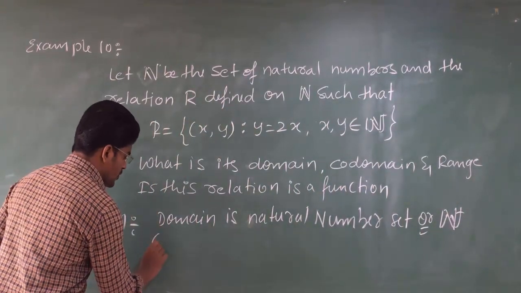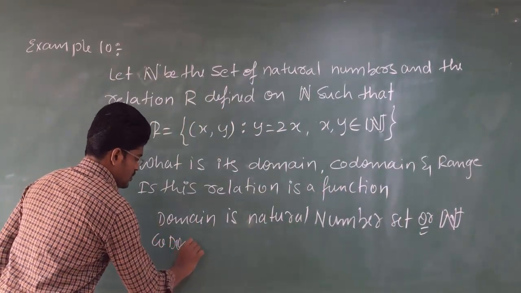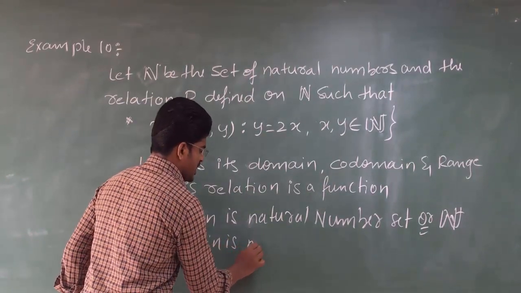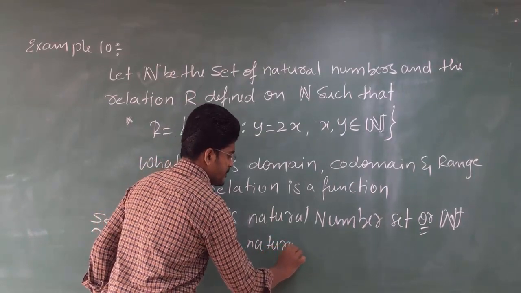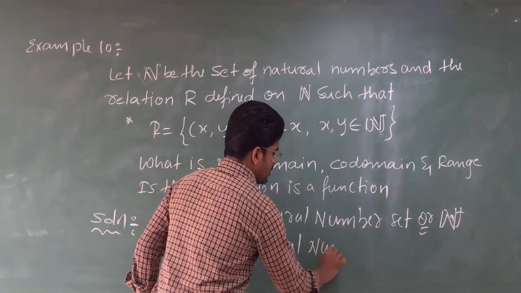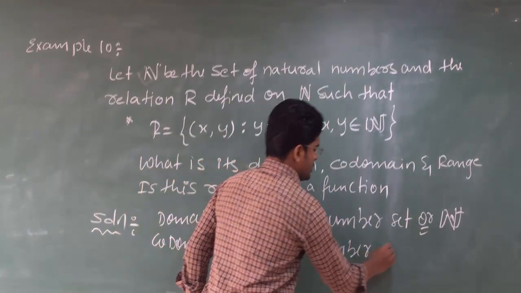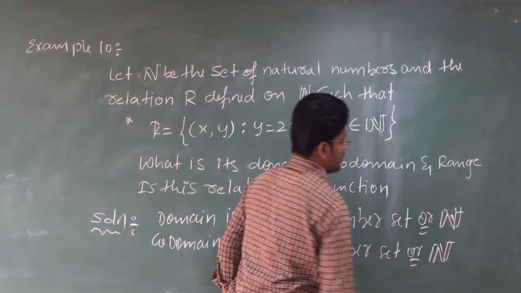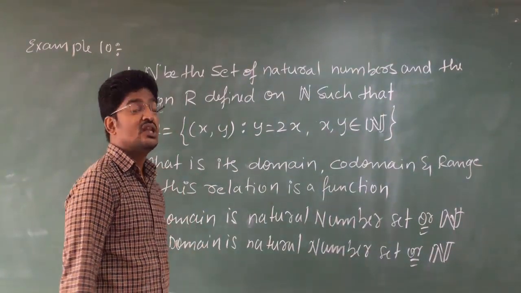Next, codomain. Codomain is again the natural number set, or you write it as N. That is the symbol of the natural number set. Clear?